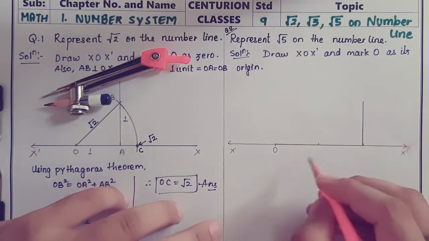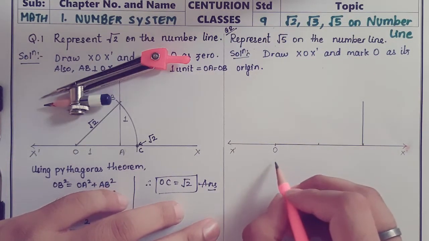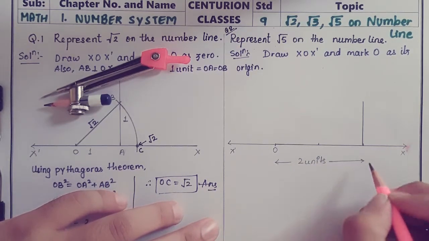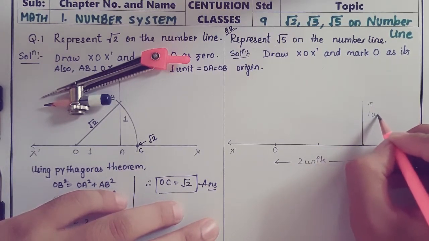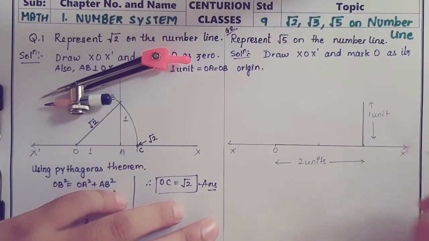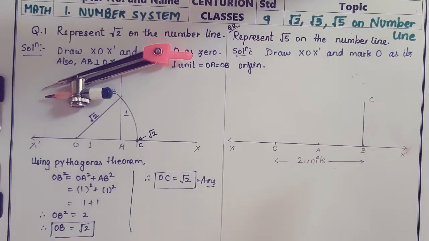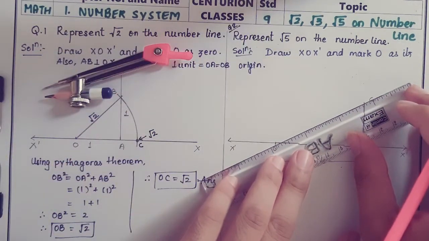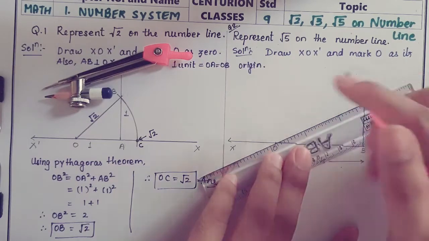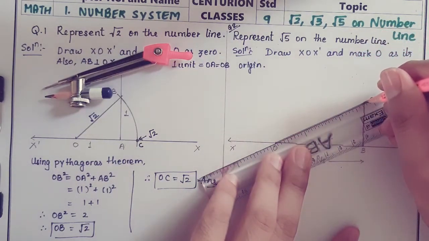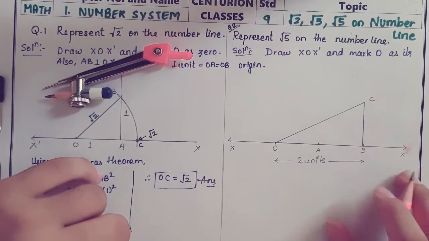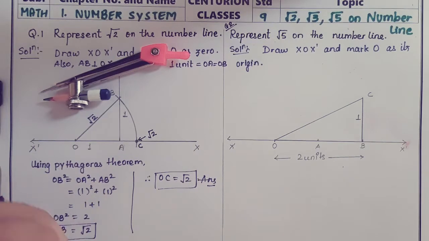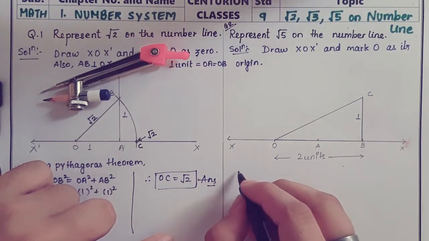I'll write it down: this is 2 units and this is 1 unit. Now we are going to join this, OC. This is 1. Let us calculate by using Pythagoras theorem what OC will be.